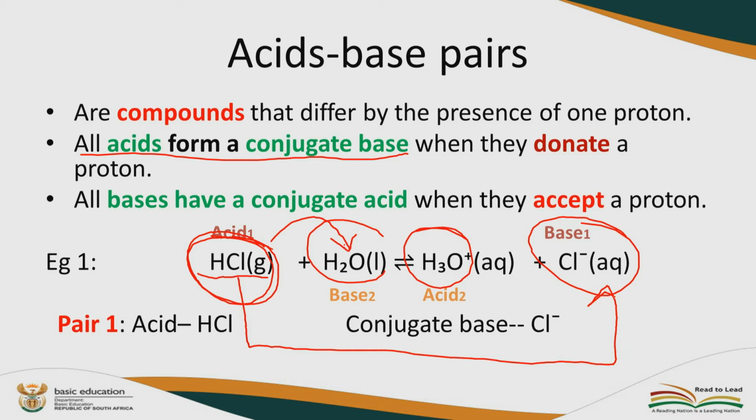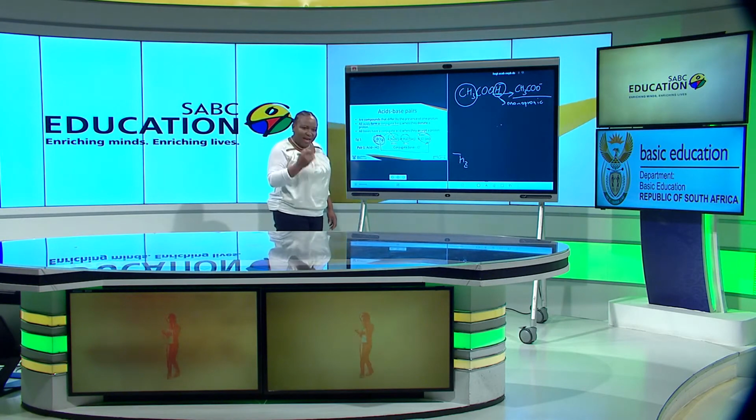I think we have already explained what we mean by a proton. So when you look at HCl and Cl minus, you can see that the only thing that makes them differ is the hydrogen atom. So HCl and Cl minus are referred to as an acid-base pair.